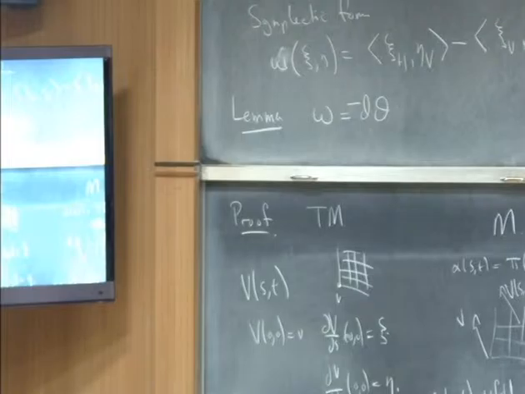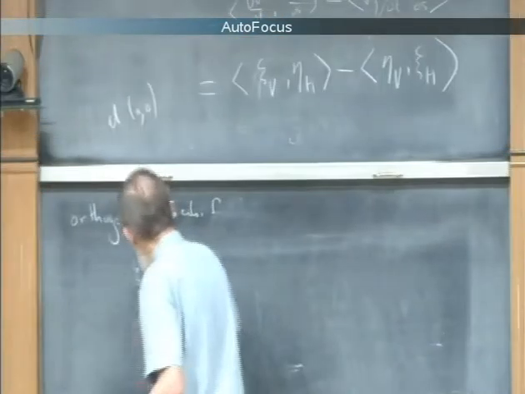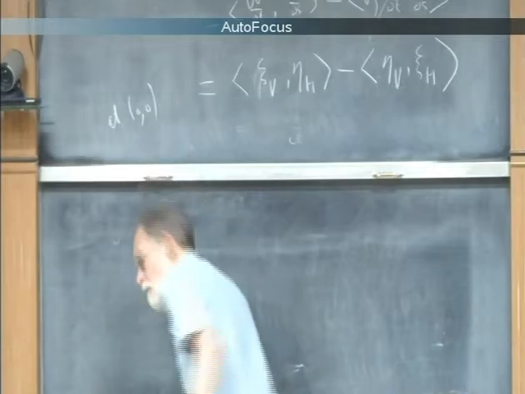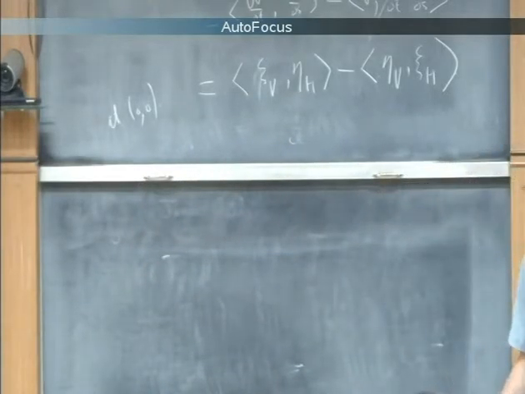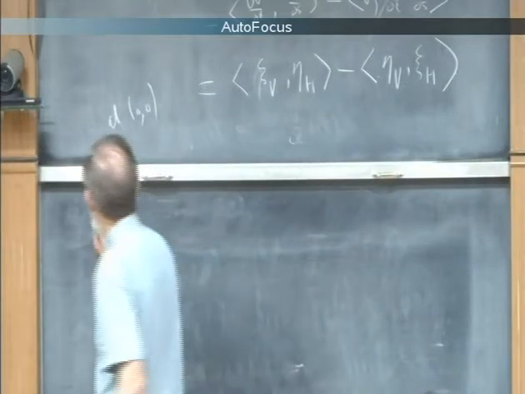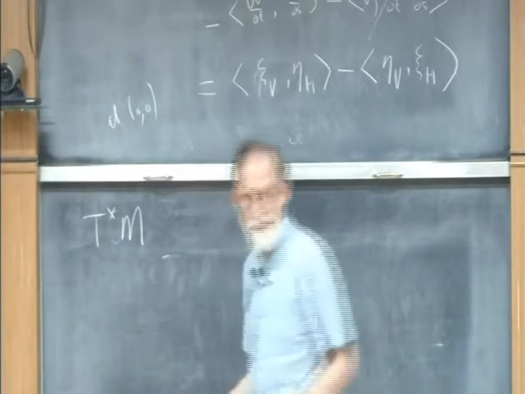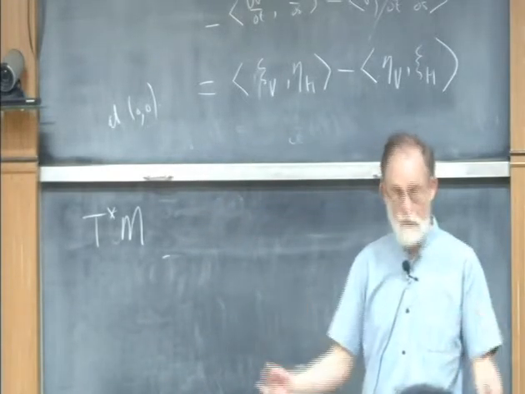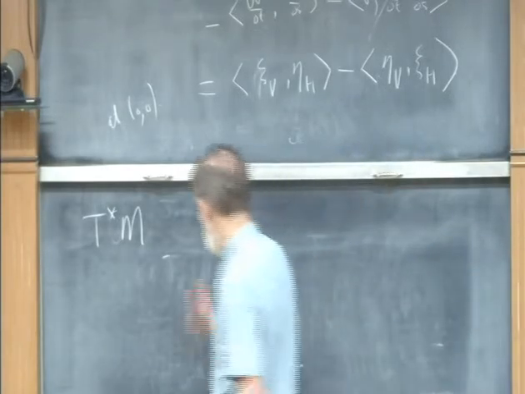Now, the one form and the symplectic form that I just showed you are probably more familiar as objects on the cotangent bundle. So on the cotangent bundle, you don't need any Riemannian metric. This just comes, once you've got E, you have this.